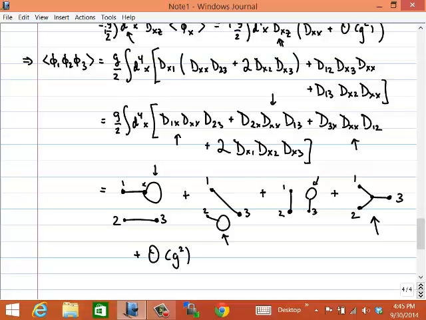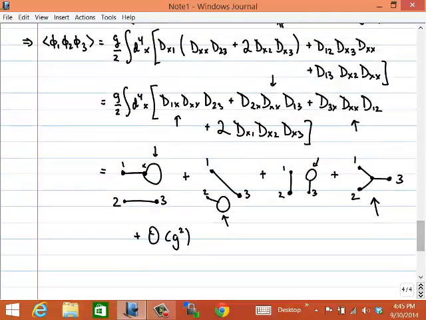So let me make a couple comments based on this computation. Okay. So the first comment that I want to make is that because we derived this using the Schwinger-Dyson equations, it's clear how we can imagine dividing these terms up into terms that come from classical physics as opposed to terms that come from quantum physics.